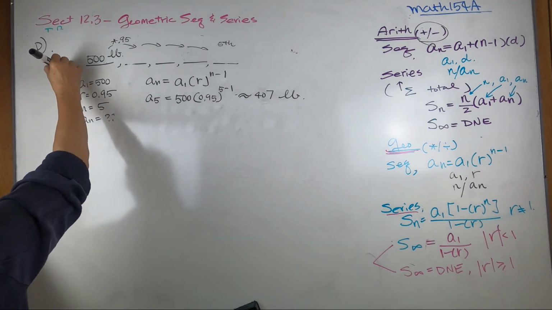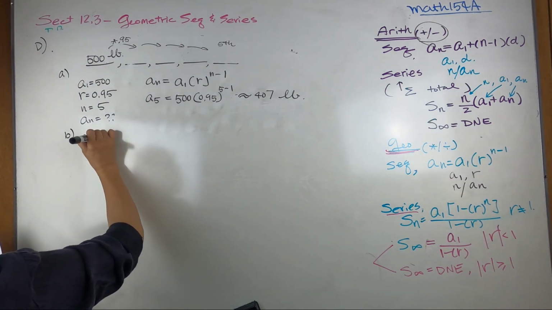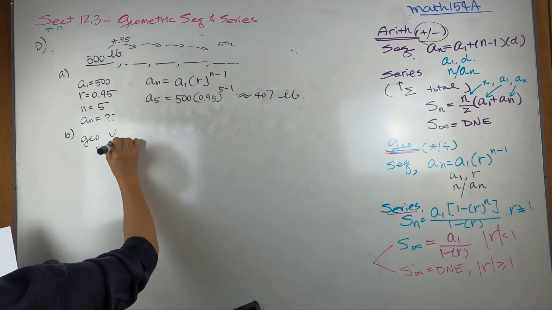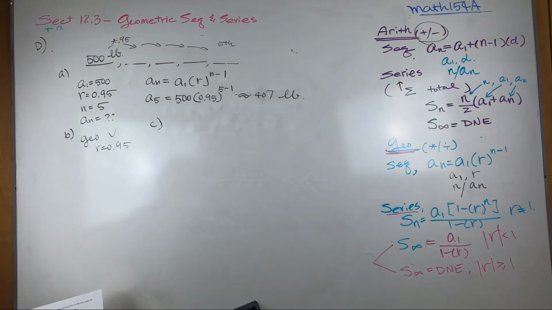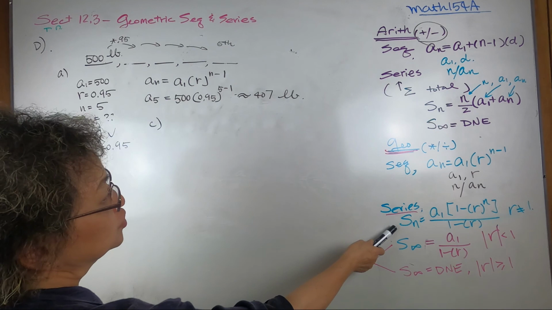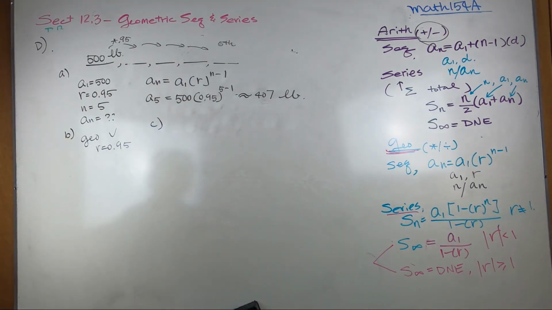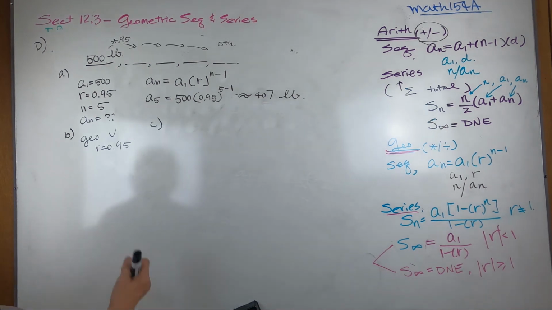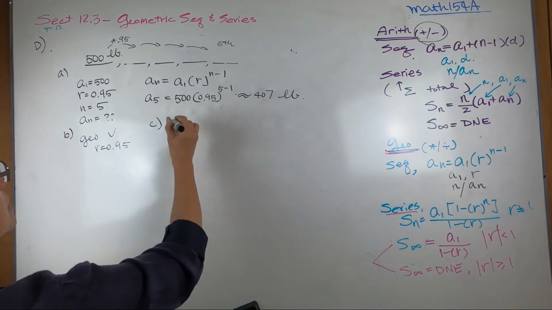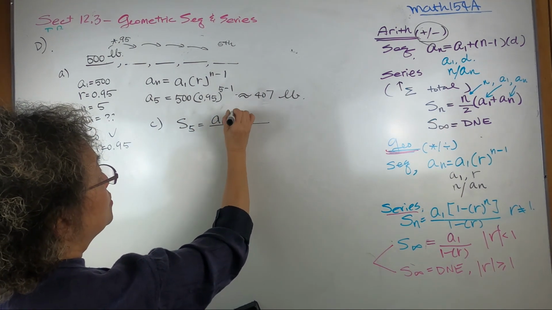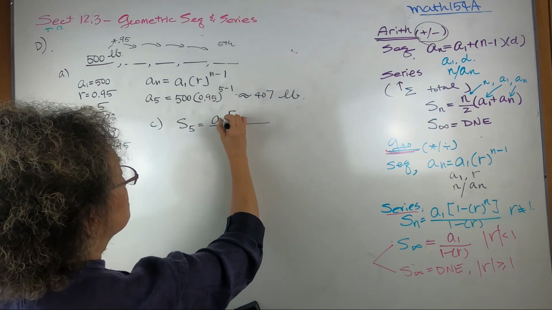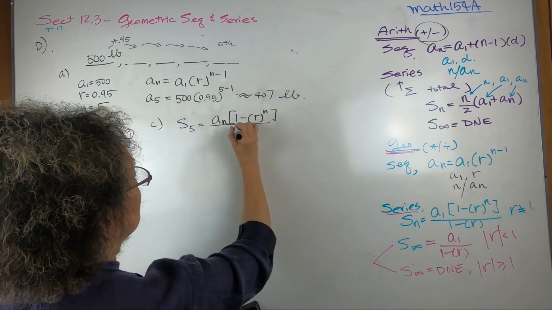Then he asks you, is that geometric? Yes, the ratio is 0.95, right? Then it's finite. Finite, we should find the sum for sure, because it's fixed, you should be able to add up. Doesn't matter if you have 100 or 1,000, you should be able to, but not to infinity, right? So we just use the formula S5, right? S5 should be a1 times 1 minus r to the n, over 1 minus r.